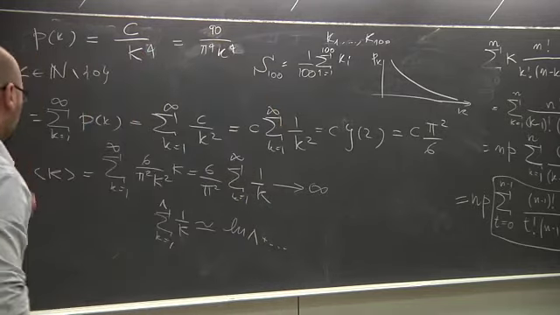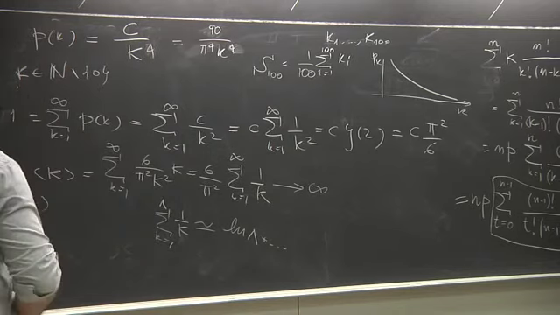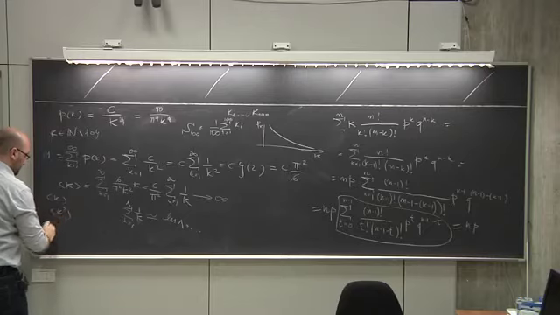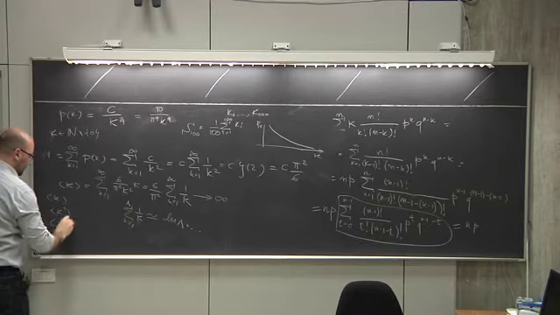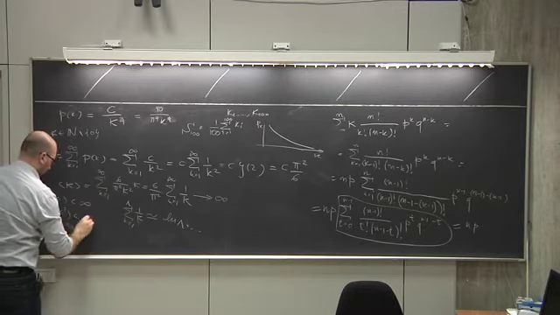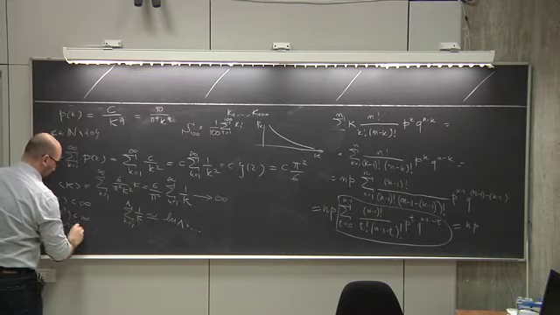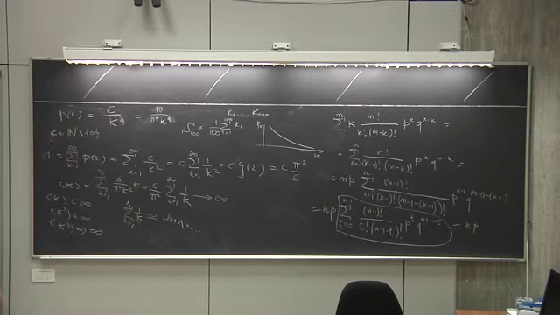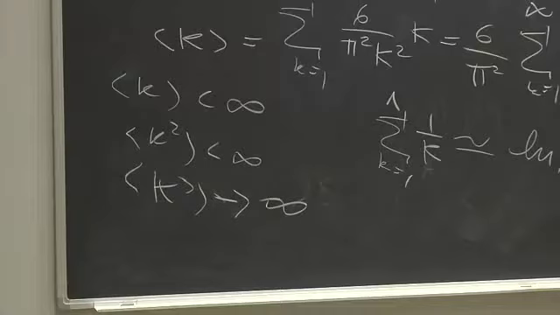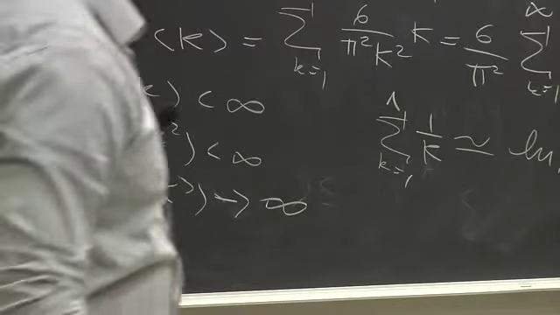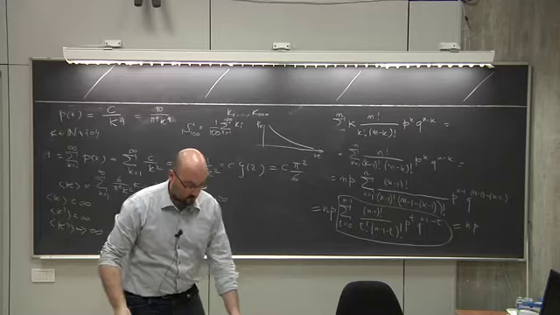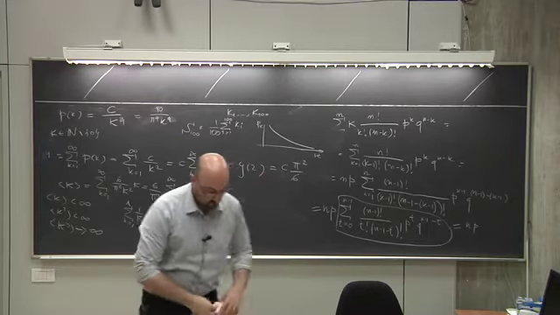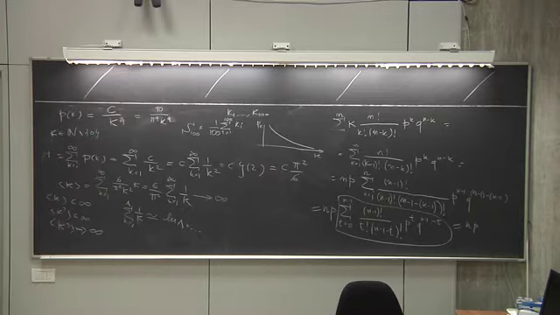So the first moment will exist, the second moment will exist, the third moment will not exist. Okay. So let's now talk about continuous random variables. Is this clear? Do you have any questions?